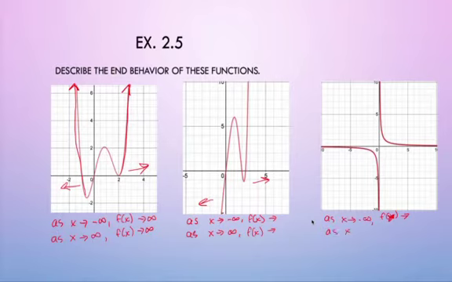And as x approaches positive infinity, f of x approaches what? So this function on the left-hand side, as we go to negative infinity, our function goes to negative infinity. And on the right-hand side, as we go to positive infinity, our function goes to positive infinity. It goes up.